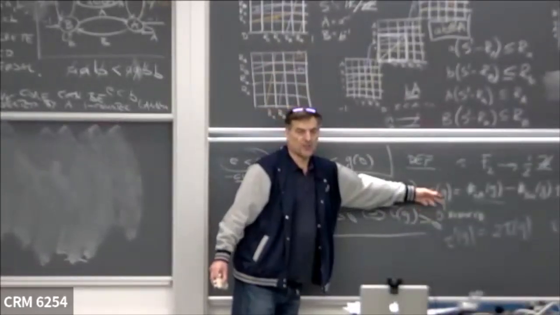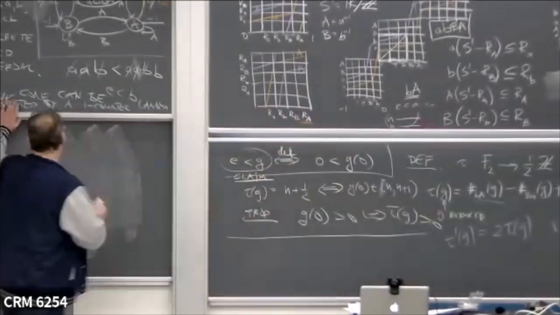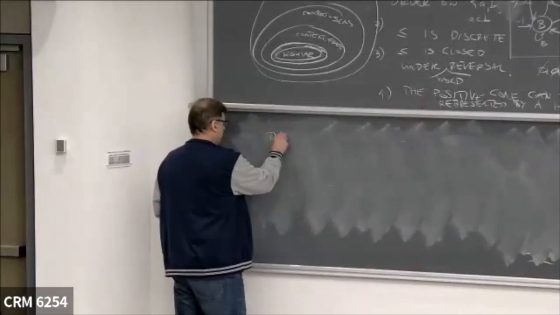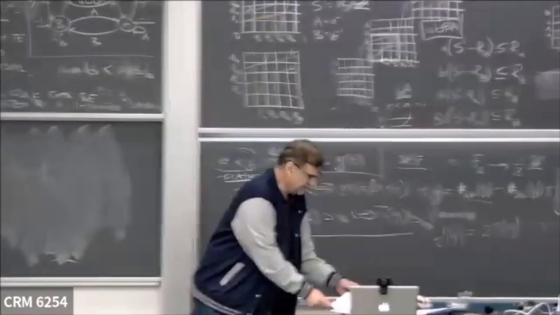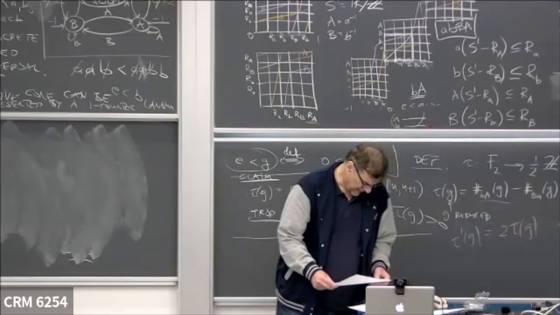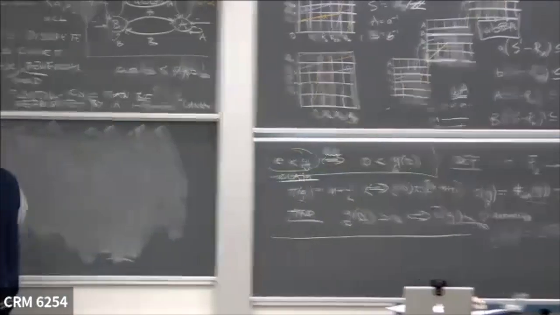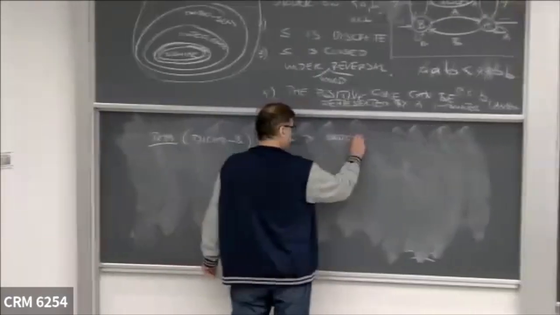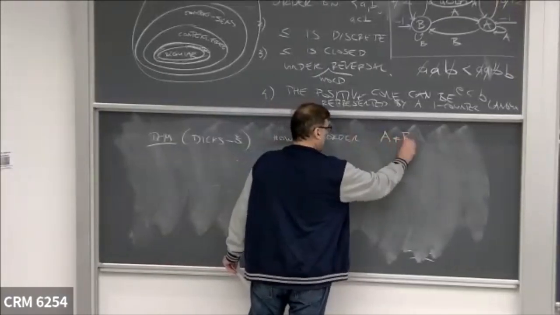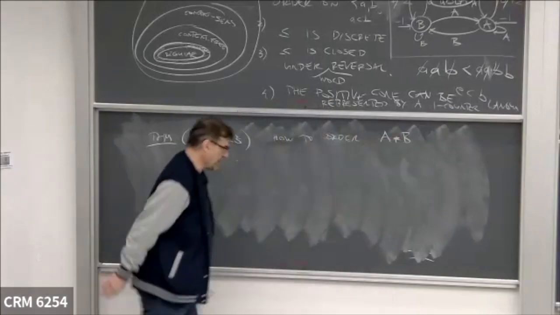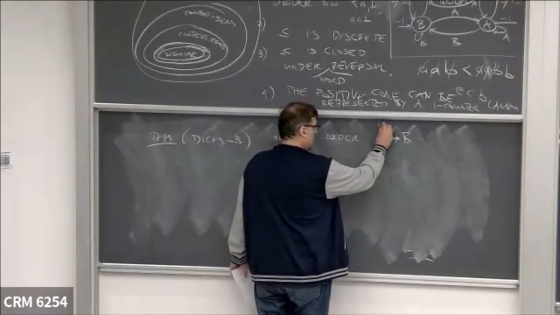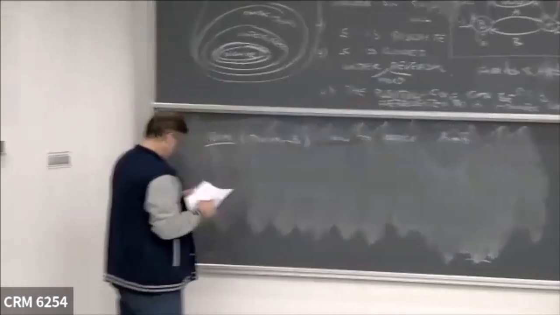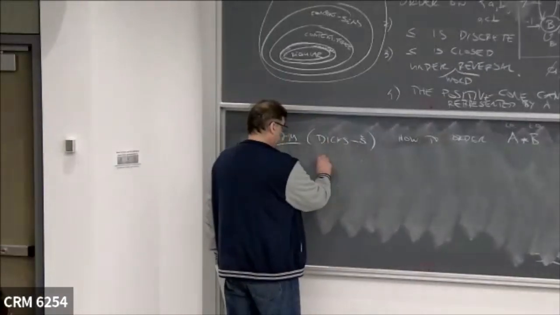I can measure the weight of things. So here's a theorem: how to order A star B. Again, I can do this for arbitrary free products. Of course we assume both of these are left orderable, and then we start from there. I'll write the formula now.